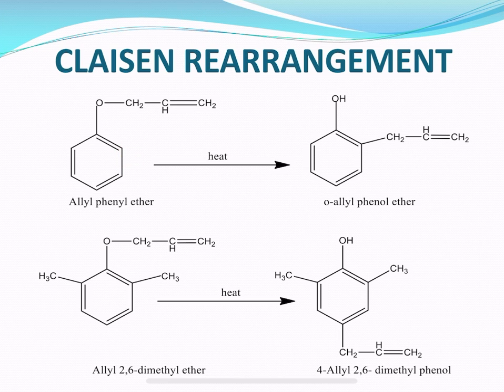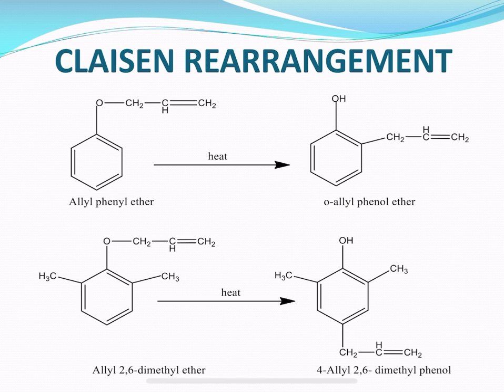So this is the product we are going to get. The allyl group which was attached to this oxygen has broken away and migrated towards the ortho position. This reaction is called the Claisen rearrangement.